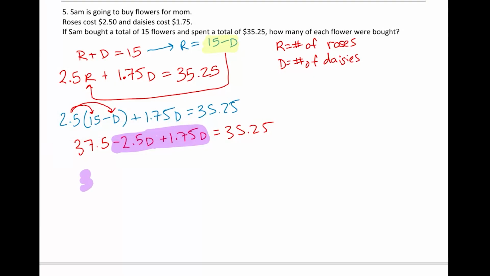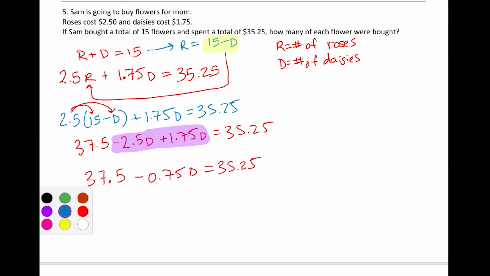So now I've got 37.5 minus 0.75D equals 35.25. Now it's time to use our properties of equality on this two-step equation. I'll subtract 37.5 from both sides. 35.25 minus 37.5. Oh, I wrote that backwards. Let's fix that.